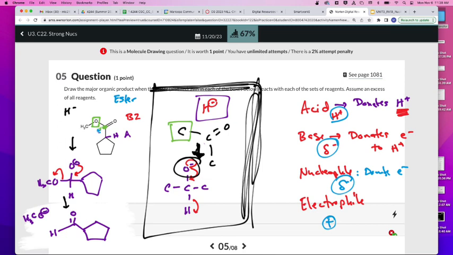So what we would have to be thinking back to is our activity rung of reactivities. Aldehydes are more reactive than our esters.